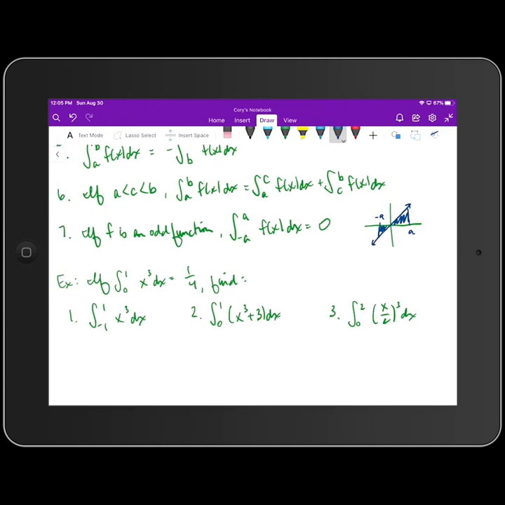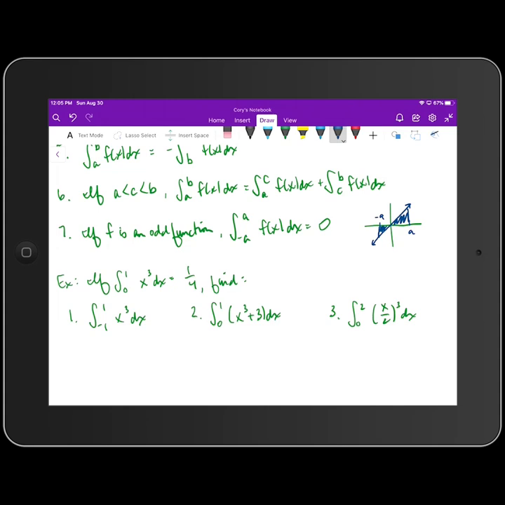Okay, so let's do a couple of examples then where we utilize the properties of definite integrals. All right, so for the first set, we're told that the integral from 0 to 1 of x cubed, which we're integrating with respect to x, is 1/4.